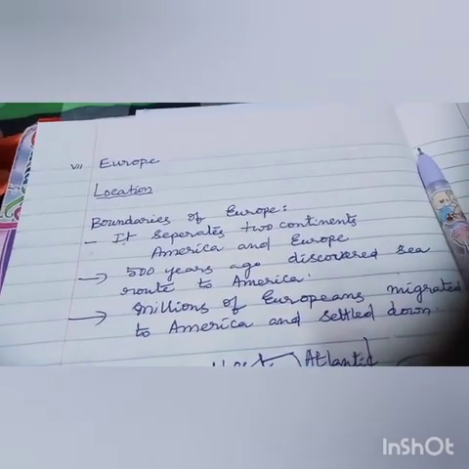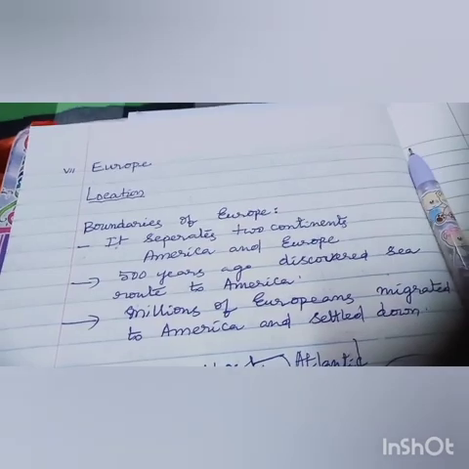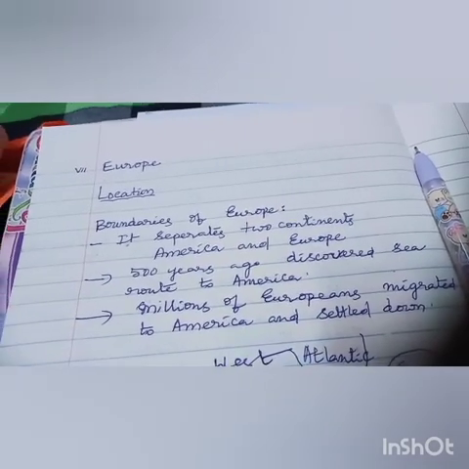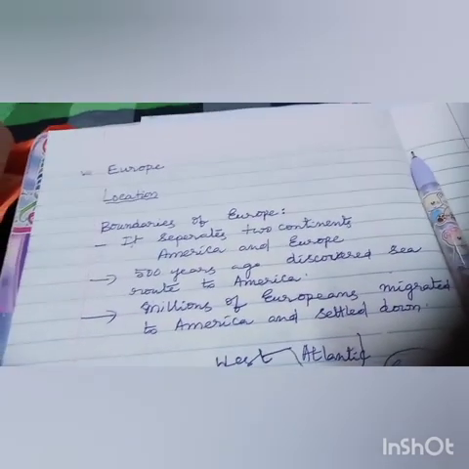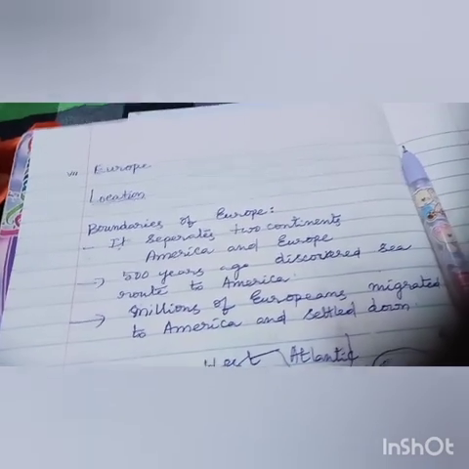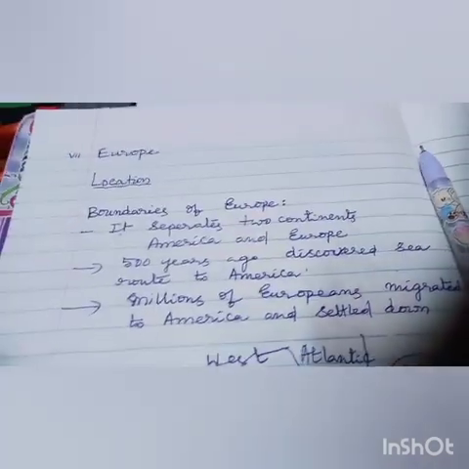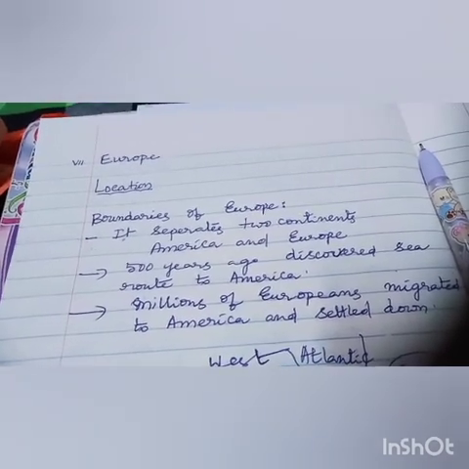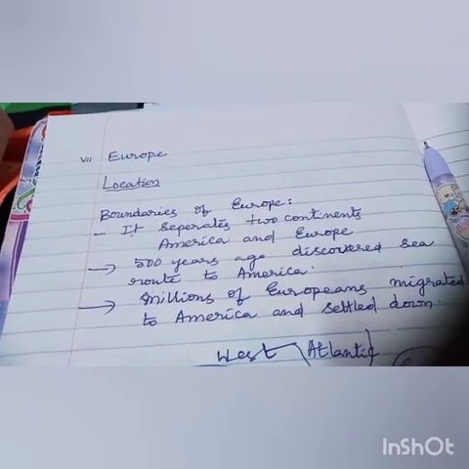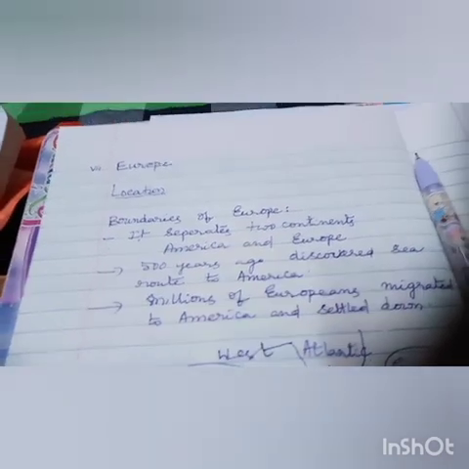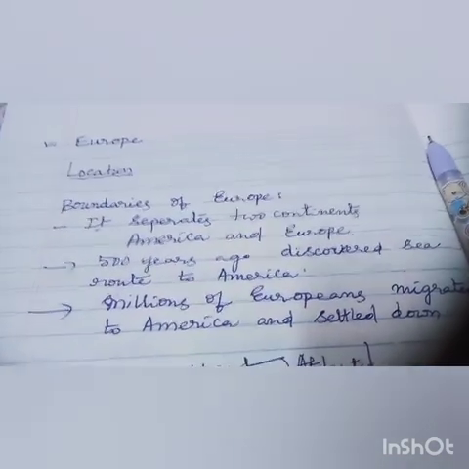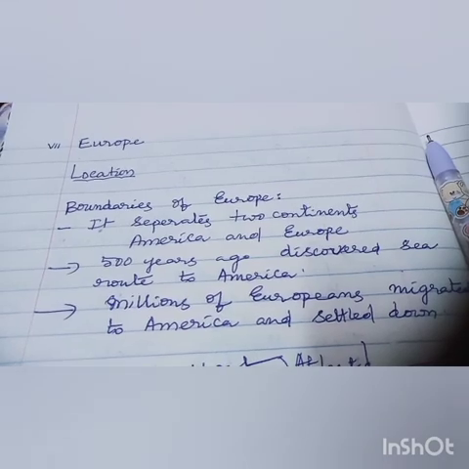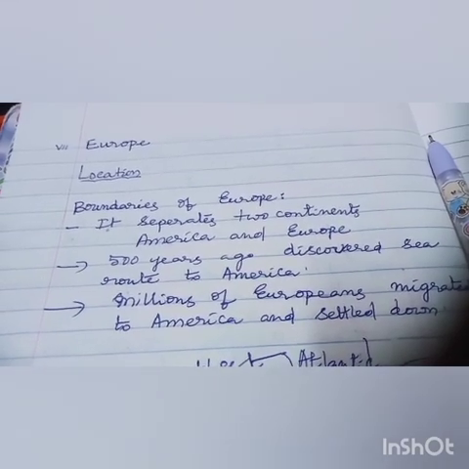And the continent became prominent in the areas of factory-based production, and they also tried to establish control over other countries and continents.